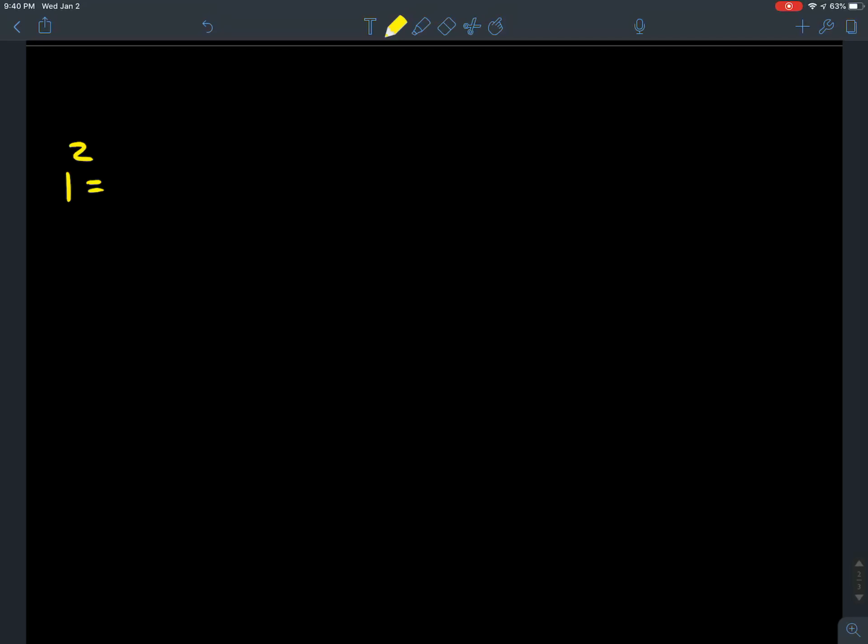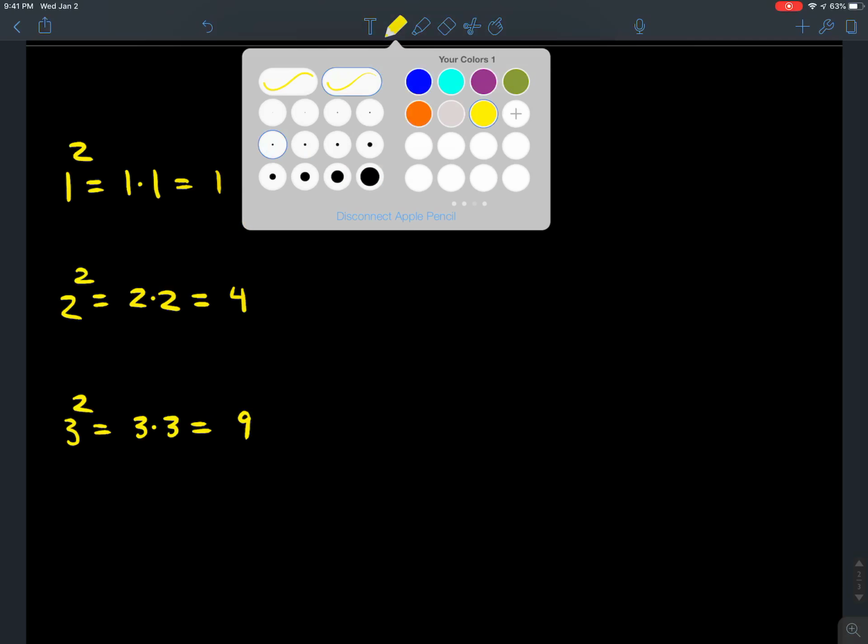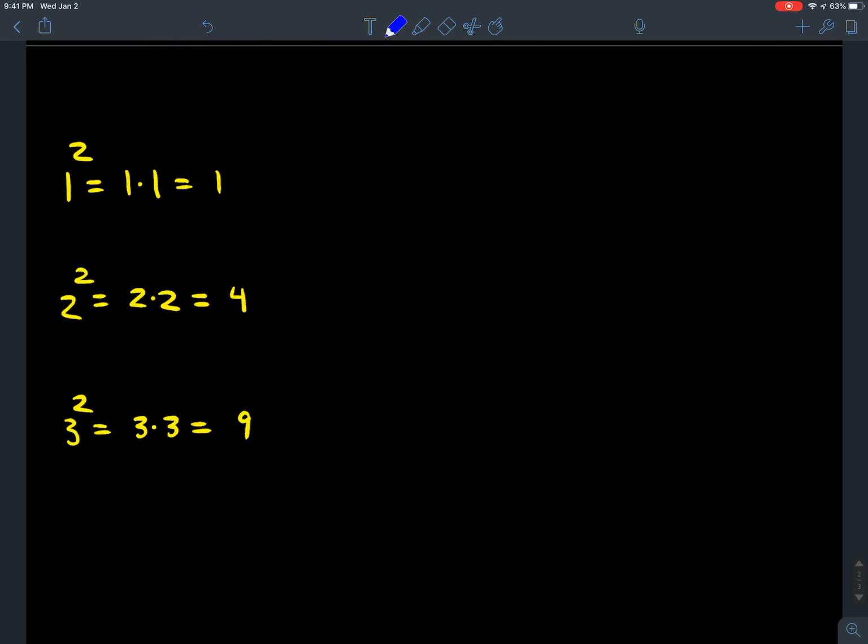1 squared equals 1 times 1, which is 1. 2 squared is 2 times 2, which is 4. 3 squared is 3 times 3, which is 9. Now, remember what we just covered.